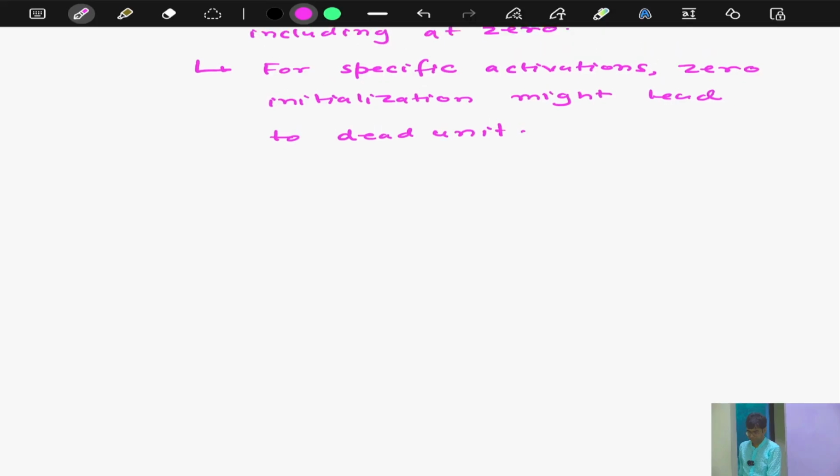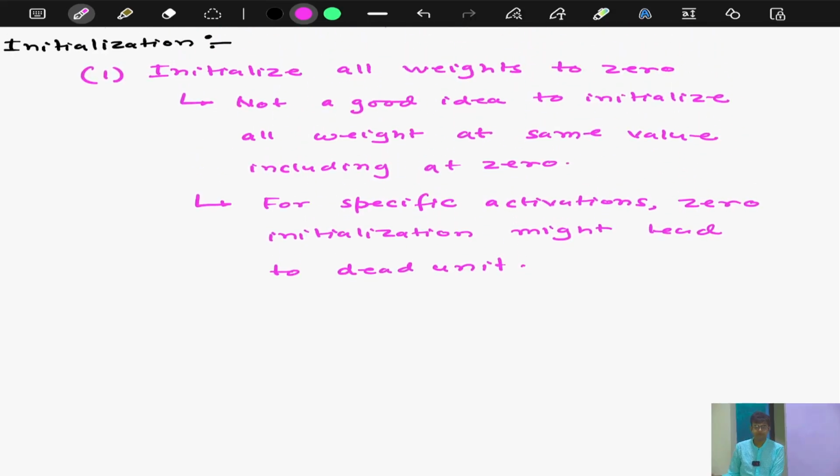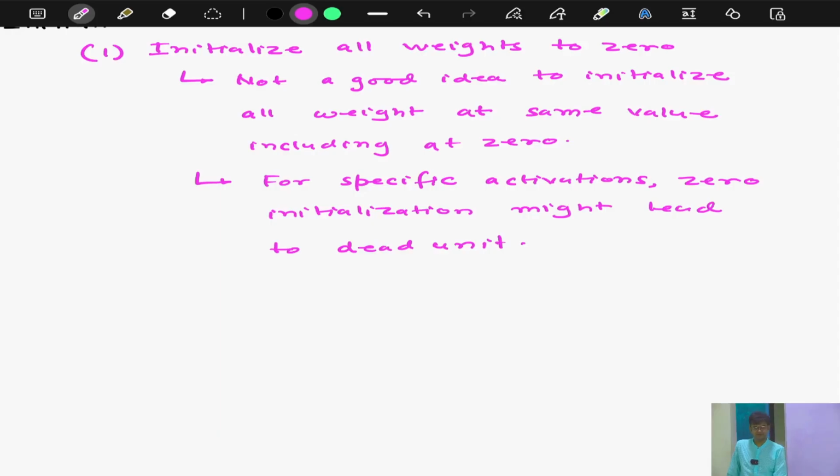Okay, which is a ReLU case, for example, right? I am only letting a ReLU case, but there can be others case also.